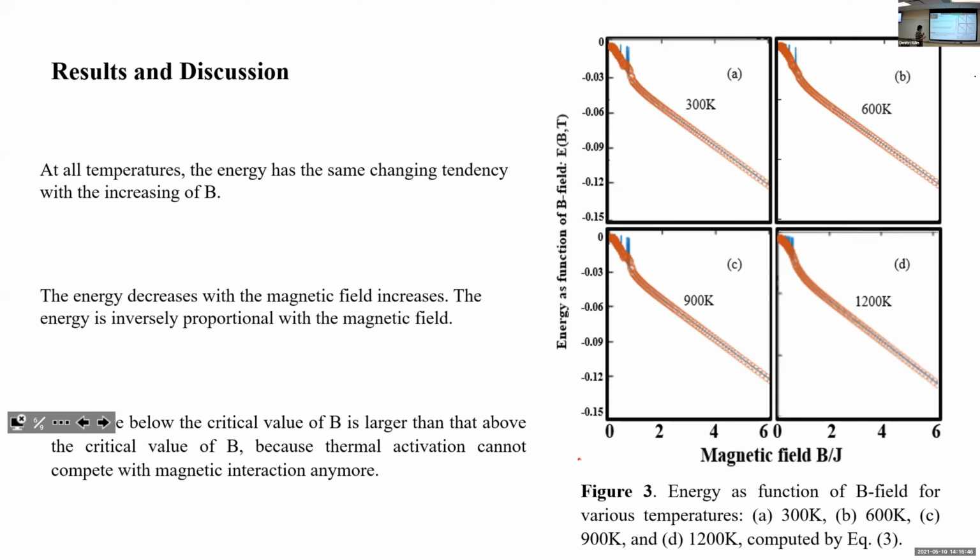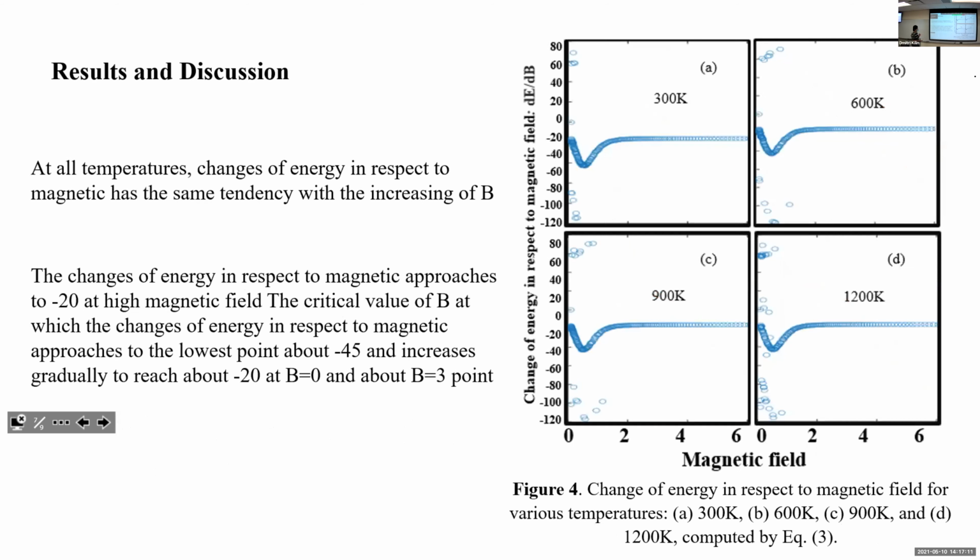Below the critical value of the magnetic field, the slope is larger than that above the critical value, because the thermal activation cannot compete with the magnetic interaction anymore.